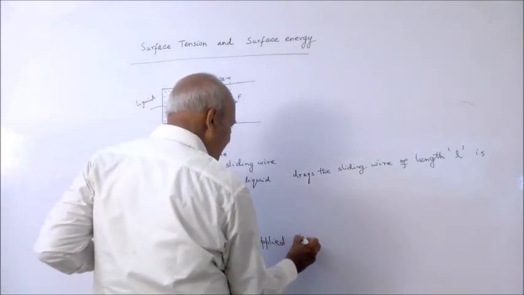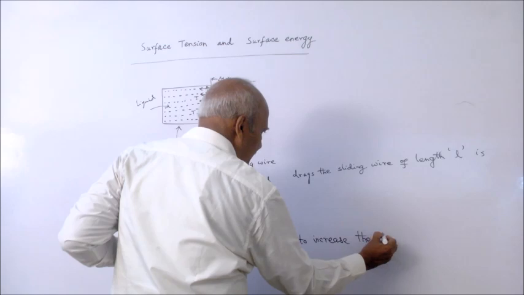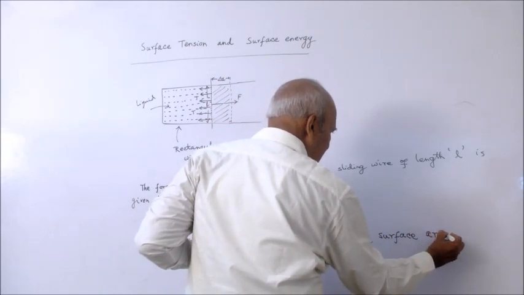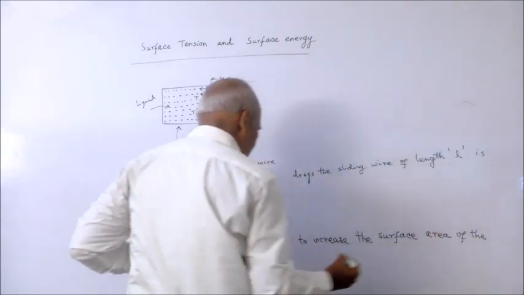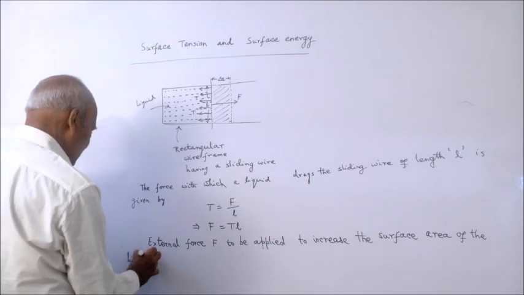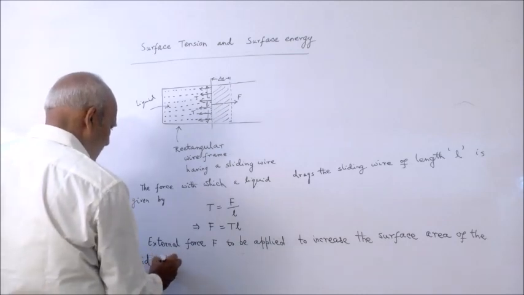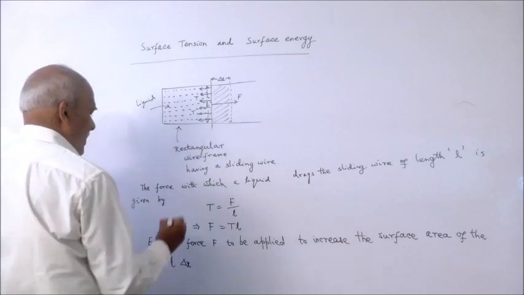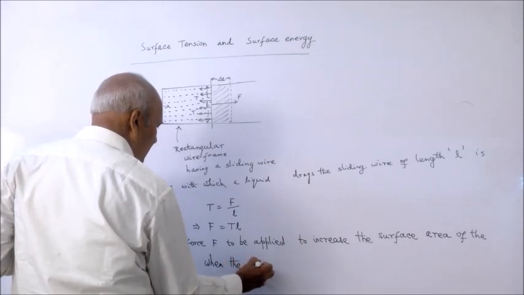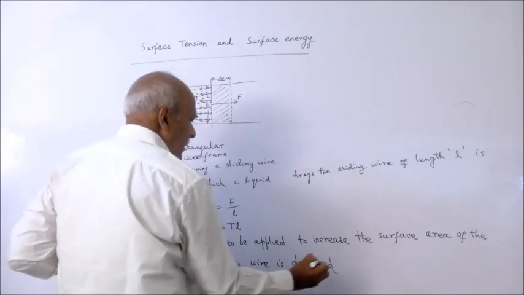to increase the surface area of the liquid is equal to L into delta x, when the wire is dragged at constant speed.